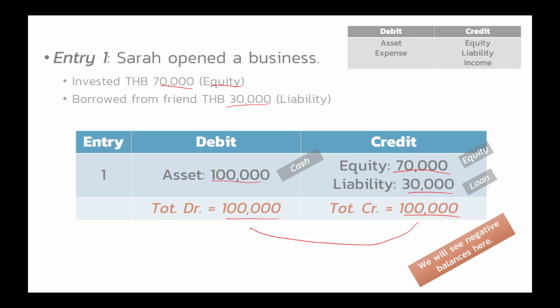In ERP Next, for example, there will be an account called cash, which tells you that you have cash. You can have other types of assets, like inventory. The equity goes into the equity account, and for liability, this is called a loan. If you borrow something, it's called a loan.